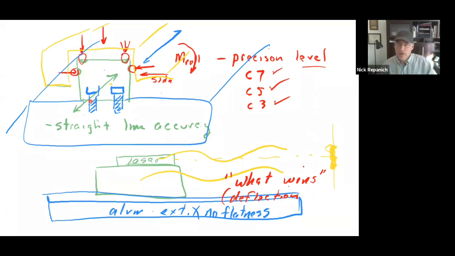So I'm going to stop and we're going to go back to lab here in a minute. What I want you to do is, there's a document on the California Mechatronics website called Quantifying Precision Mechanics.